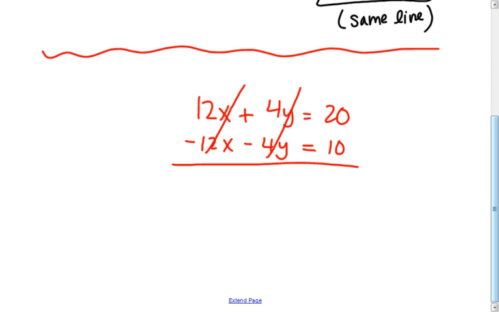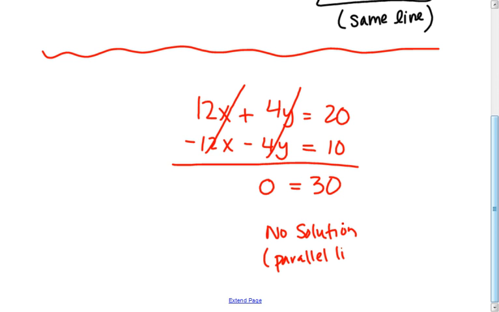You would add your y's together, they would drop. So what you have on the left side is 0, but what you have on the right side is 30. Well, 0 doesn't equal 30. Okay, it is not a true statement, so then your answer would be no solution, which means that they are parallel lines. Okay, just so you know.